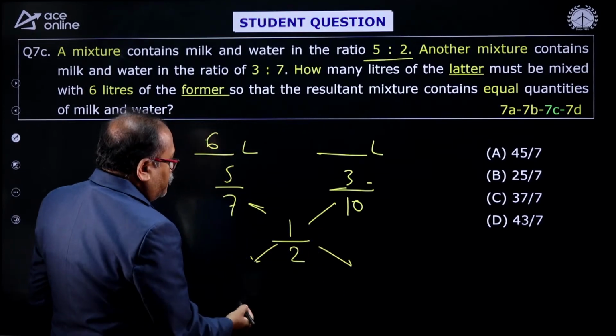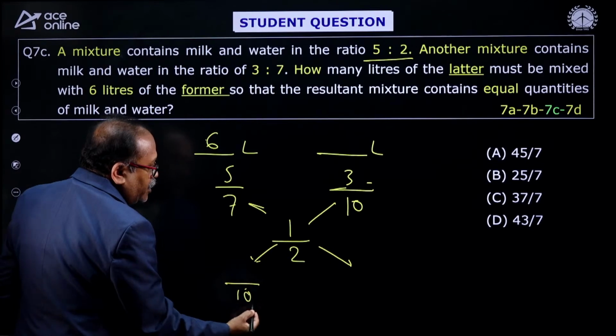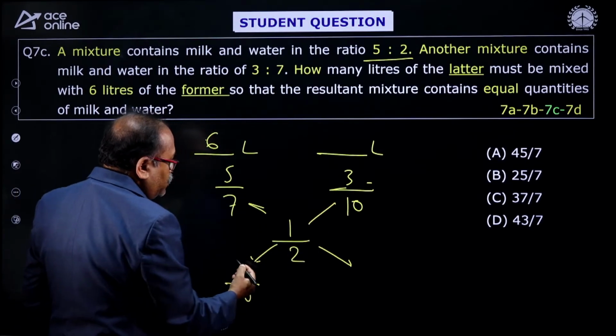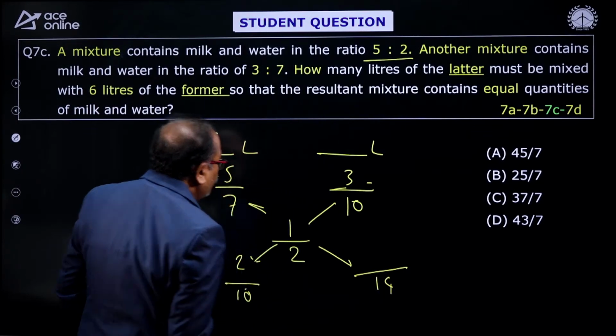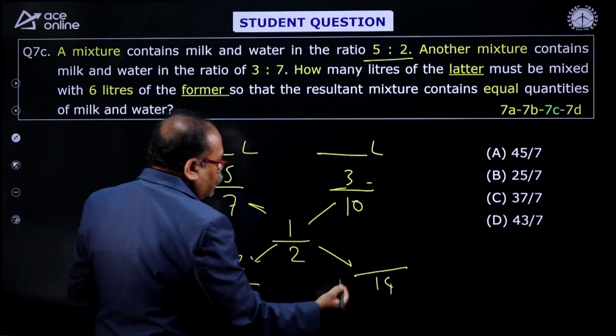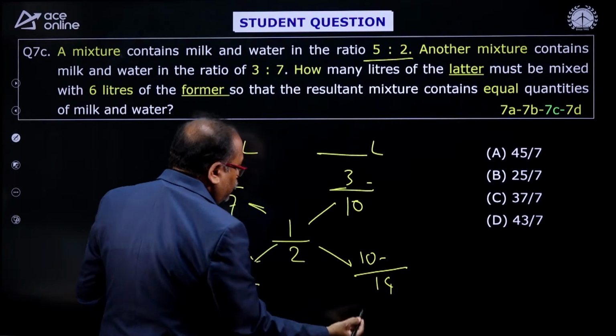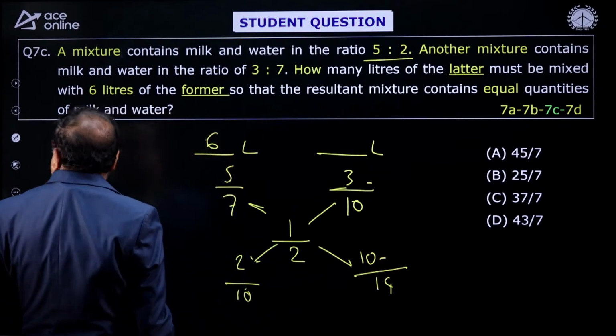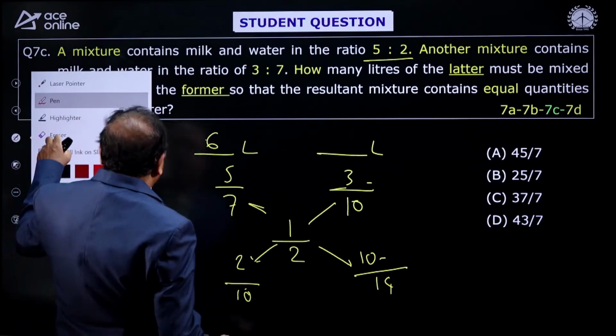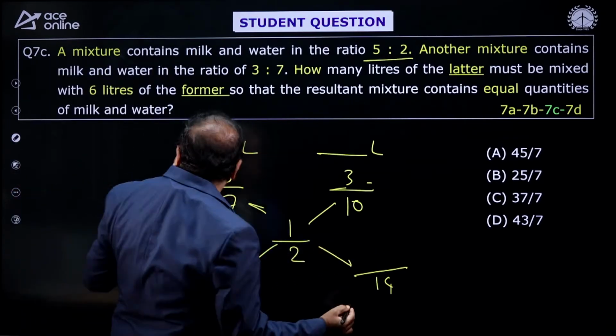My LCM will be 10, and here it is 5, 5 minus 3, that is 2, so 2/10. And here my LCM is 14, and that's 2, 5, 10, and minus this is 7 into 1, 7, so that's 3.